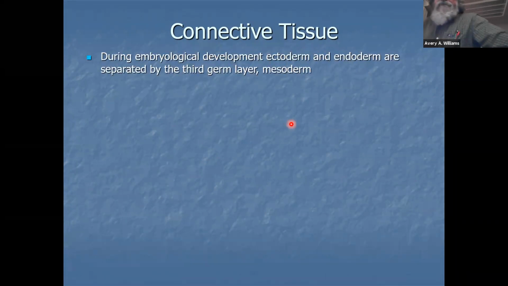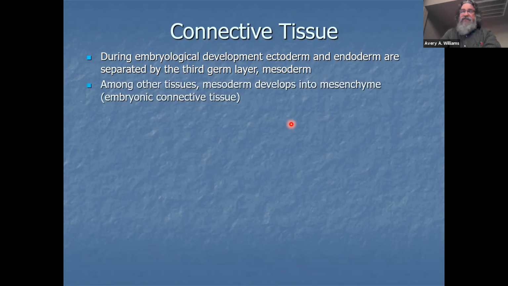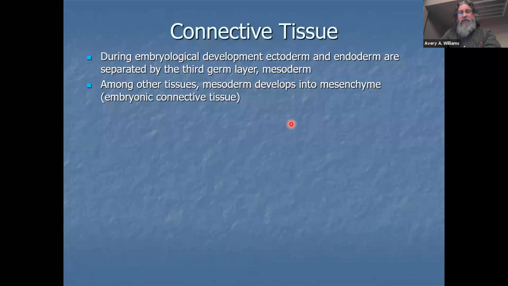There we go. So what is connective tissue? Well, here I tell you, during embryological development, ectoderm and endoderm are separated by a third germ layer, mesoderm. Remember that? Well, among other tissues, mesoderm develops into mesenchyme.